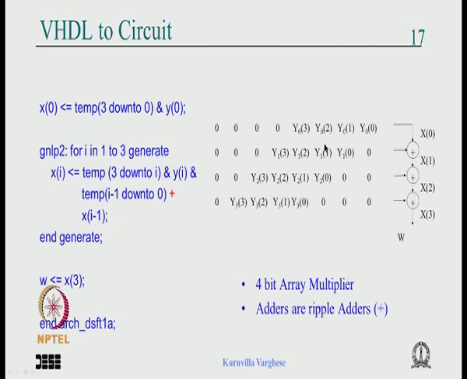Similarly the carry of this stage can come here, and the carry of this stage can come here. That reduces the ripple, otherwise it ripples and you will get 4 plus 4, 8 rippling. It's possible to avoid the rippling using carry save adders, but the idea is not to design the array multiplier with the carry save adder.